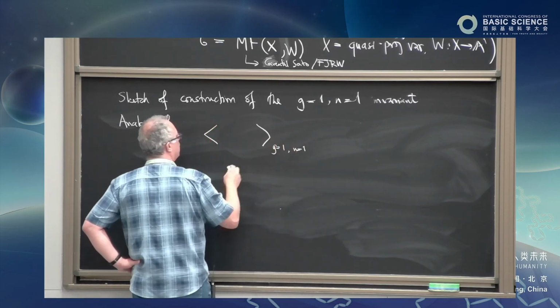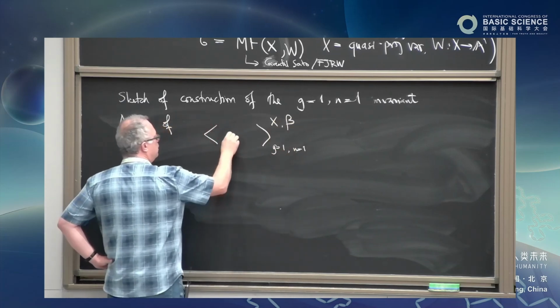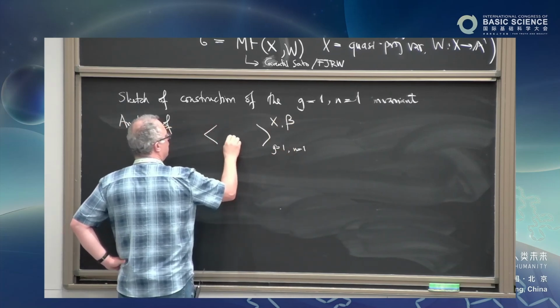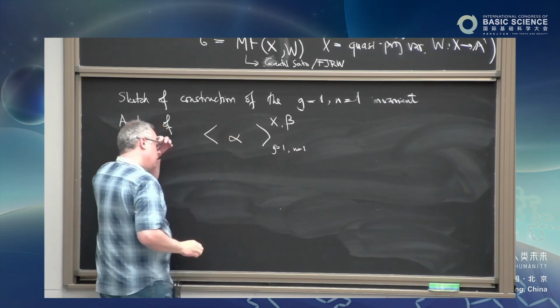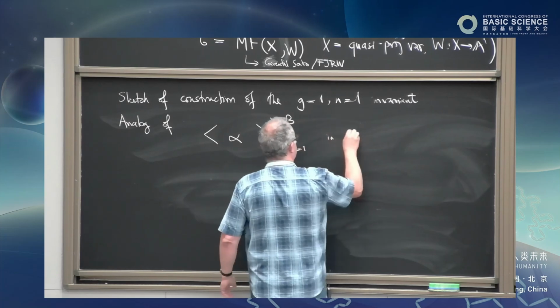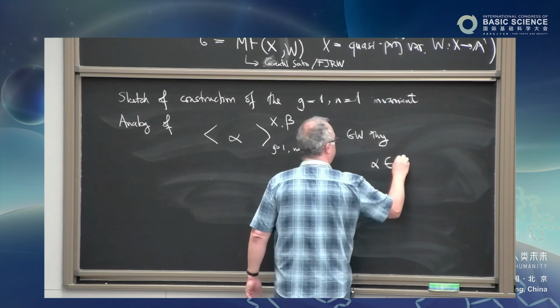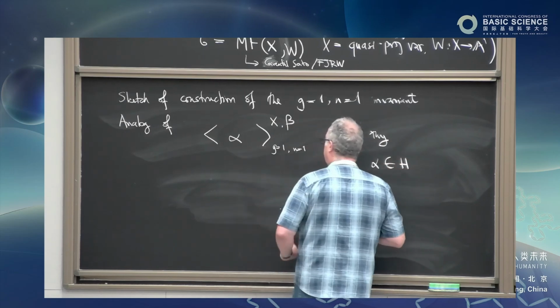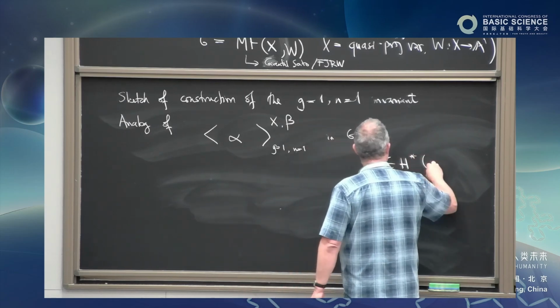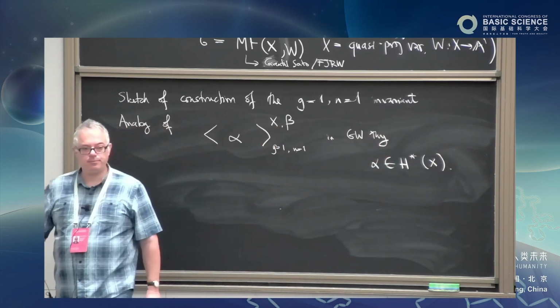You're doing some kind of integration on some X with some beta, and here you need to insert some class alpha, where this alpha for Gromov-Witten theory would be some class in the cohomology of X.